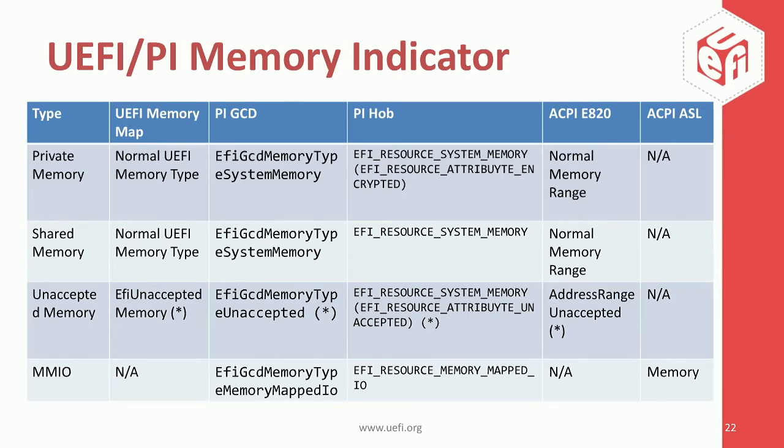A new UEFI memory type, unaccepted memory, is defined as an indicator, with similar ones in GCD, PI HOB, and ACPI E820. The MMIO doesn't need to be reported in the UEFI memory map because all MMIO are emulated, and we assume there's no runtime access required. The emulated MMIO may be reported in ACPI ASL.